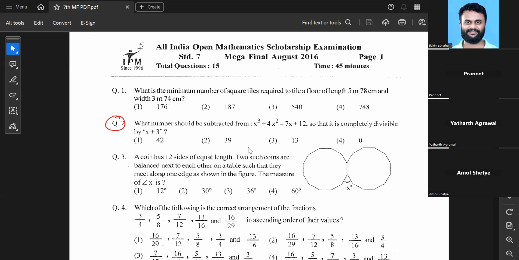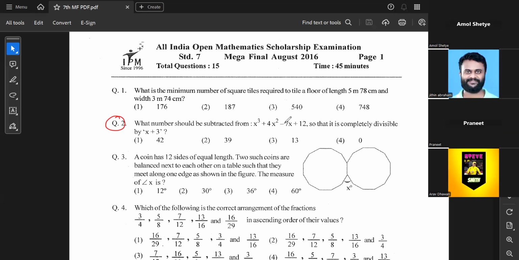Arav, tell me what's your logic? I first found the value of x to be minus 3. After that, I substituted the value of x in the equation. So the equation becomes minus 27 plus 36 plus 21 plus 12.